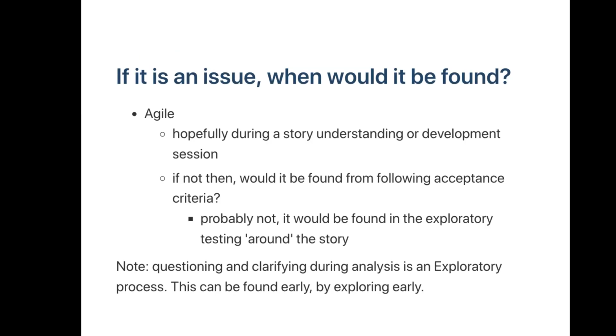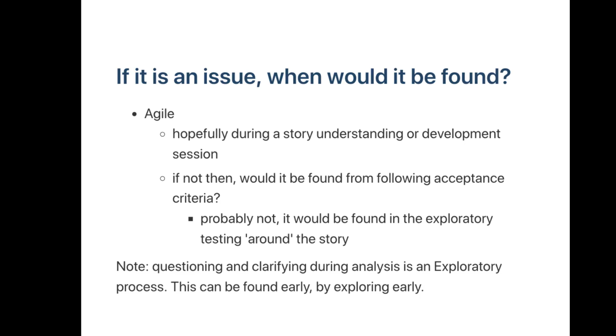If it was an agile project, then hopefully we would have found it during a story grooming session, or when the story is pitched to the team, we would ask questions about it. If not, then would it be found in an acceptance criteria?